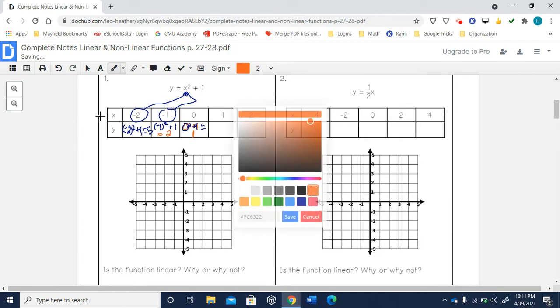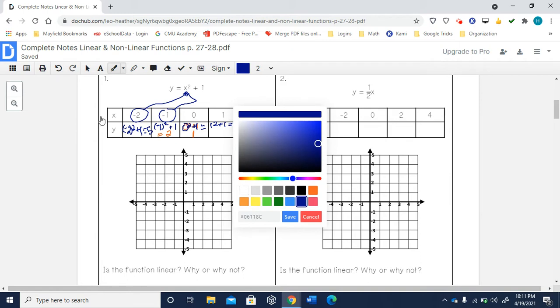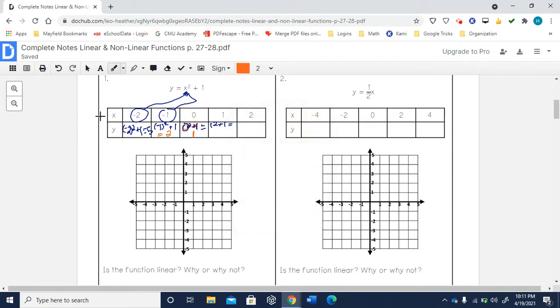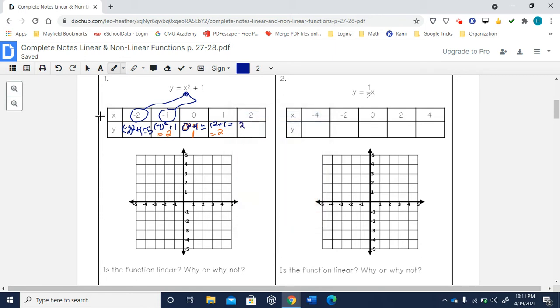Now I'm going to do 1 squared plus 1. 1 squared is 1, plus 1 is 2. And then 2 squared plus 1. So 2 squared, which is 4, plus 1 is equal to 5.